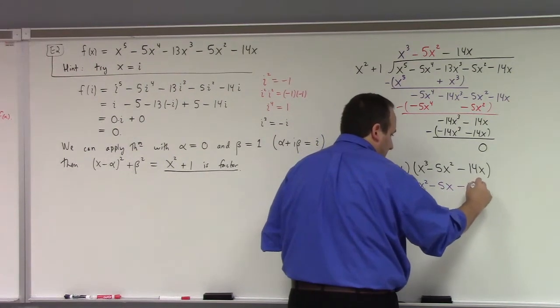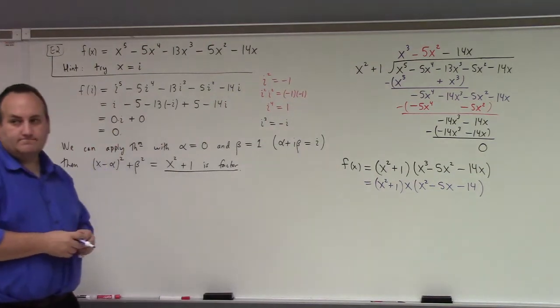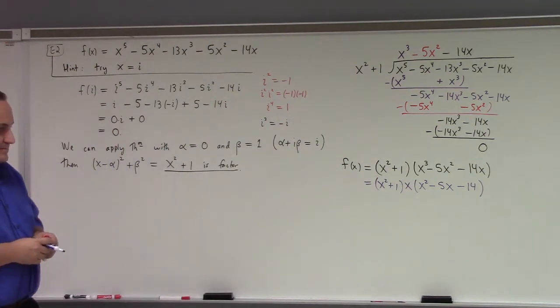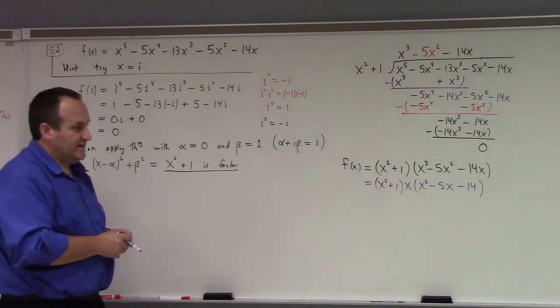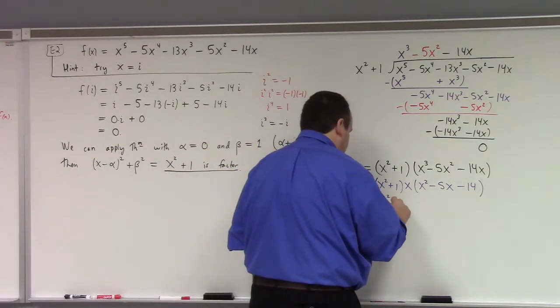Can you factor that? It's 2 times 7, right? We want a minus, so we better put the minus on the 7 and the plus on the 2. And there we'll have it, at least over the reals.